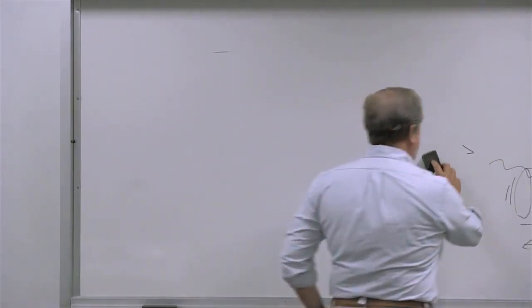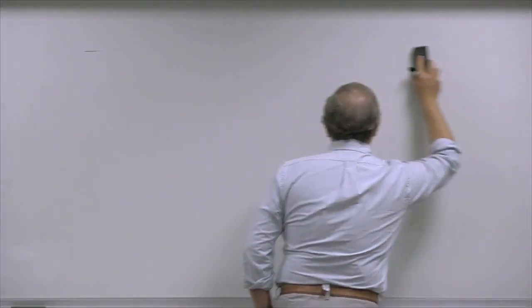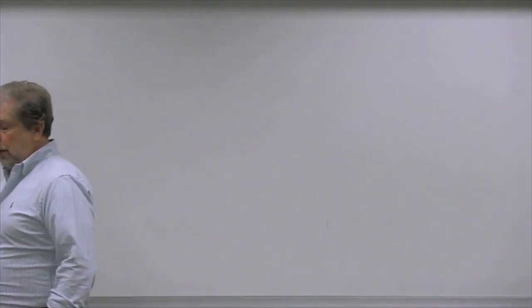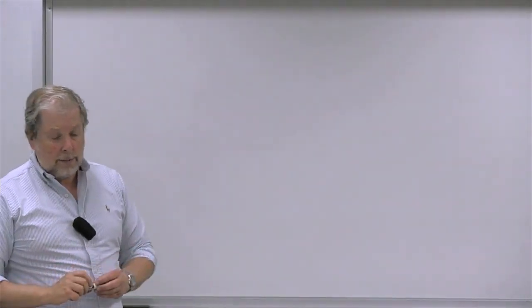Again, we look at the emission of an electromagnetic wave, and we usually do the far field approximation. That is, we look at how the wave behaves when we're at a significant distance away from where the wave is emitted.